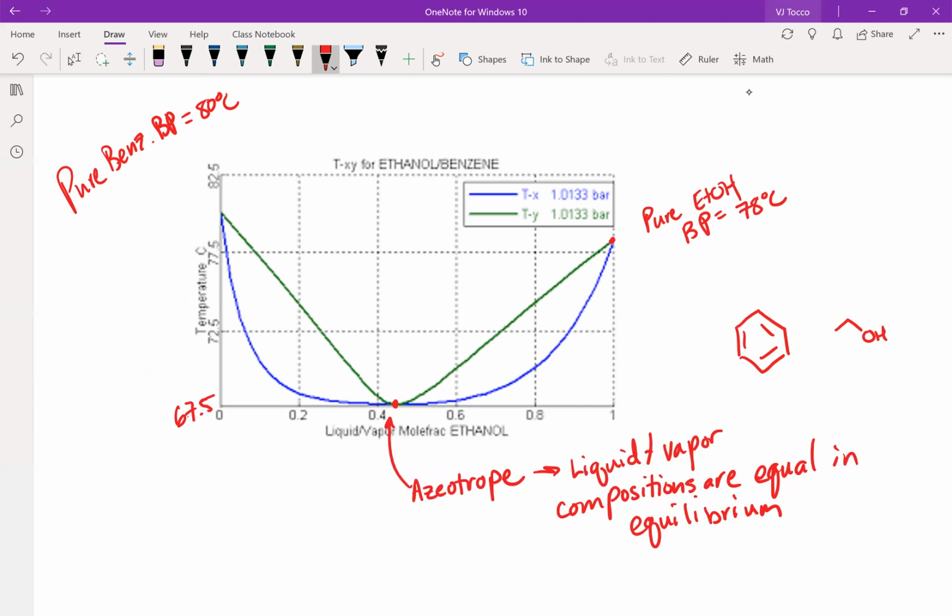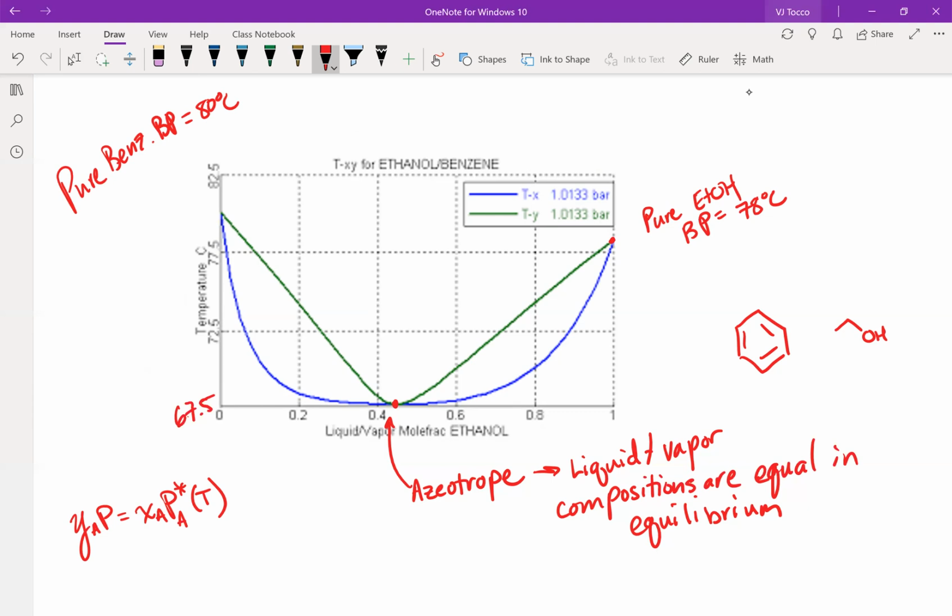So we're going to talk a lot about how these azeotropic TXY diagrams come to be. You can model this by amending Raoult's law just a little bit. Instead of Raoult's law being YA times P is equal to XA P star of T, you just add a couple more terms and you have what's called an activity coefficient model, and you can model this.